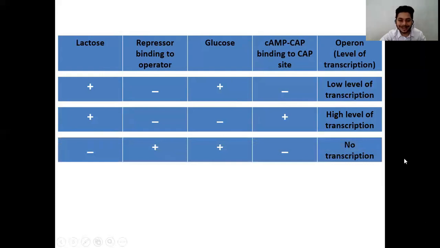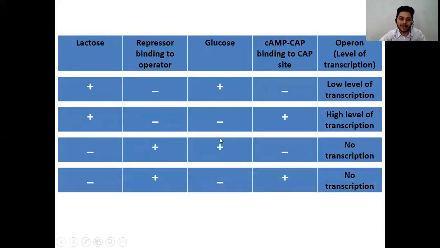Let us understand the third scenario, where lactose is absent in the growth medium, but glucose is present. Immediately we can say that if lactose is absent, the lac operon will no longer function. We need not look at the other factors. Lactose is absent, so the lac operon will be switched off, and there will be no transcription of structural genes, irrespective of whether glucose is present or absent.